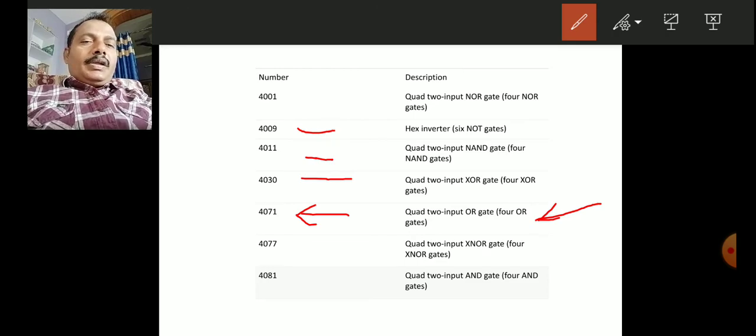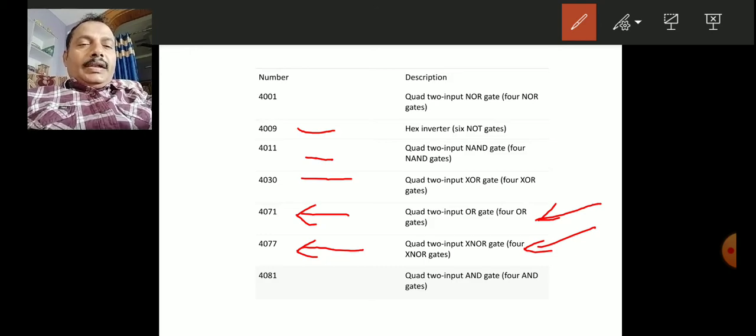That means 4 OR gates are integrated into 4071. And next, 4077, quad 2 input exclusive NOR gates, XNOR gates. So XNOR gates are manufactured into 4077. And 4081, quad 2 input AND gates, 4 AND gates are manufactured in this IC like this.